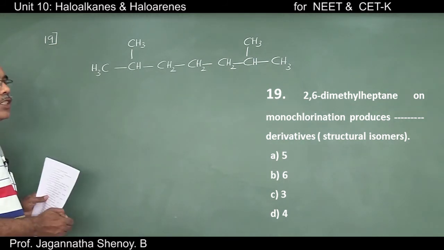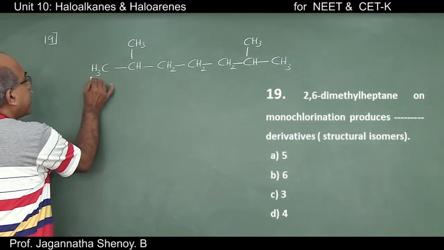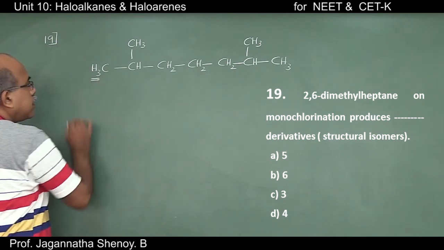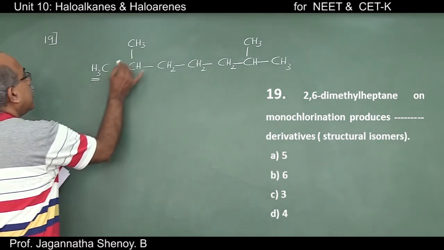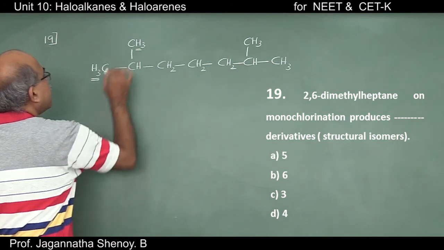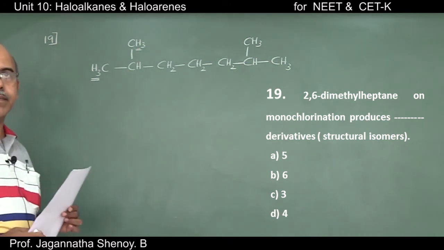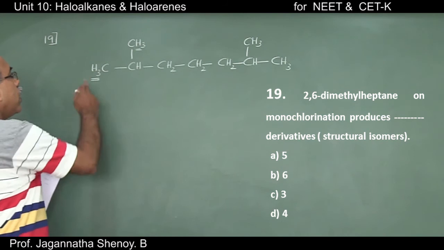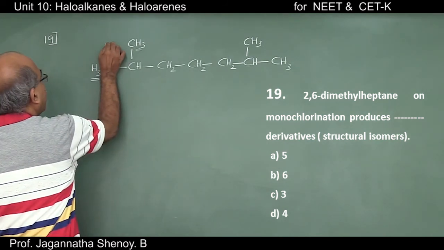First, one chloro group can get introduced over here. Whether it is here or it is here, it's one and the same. So in this case I can get 1.